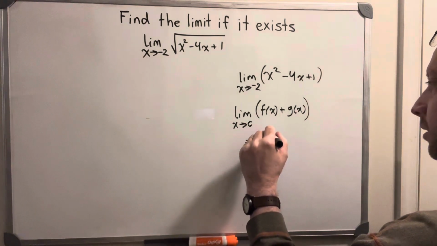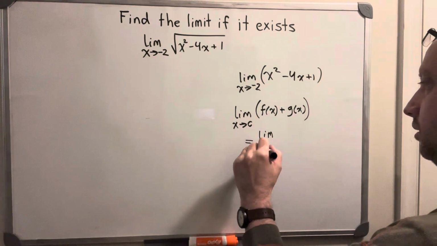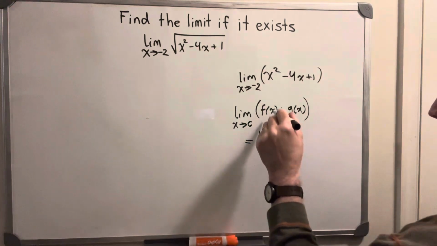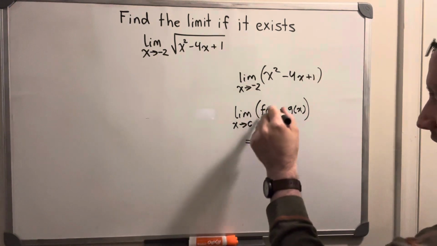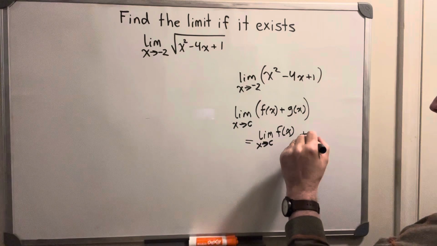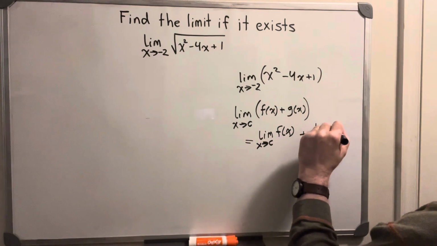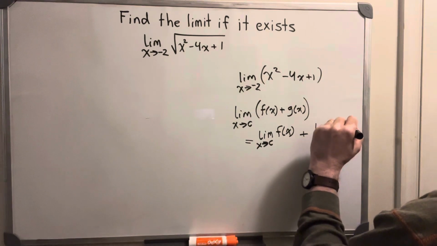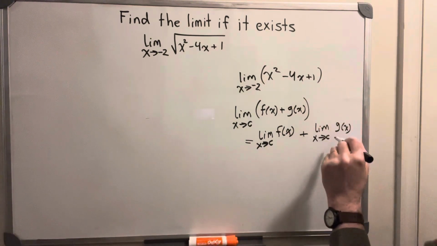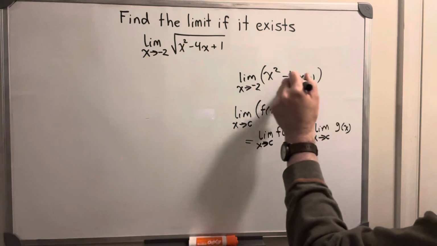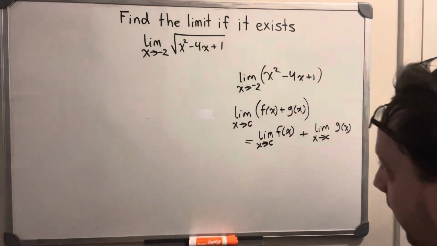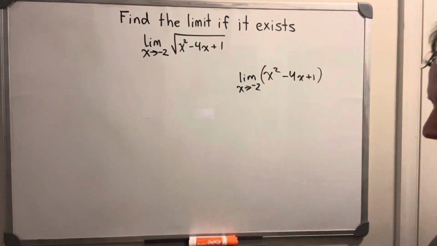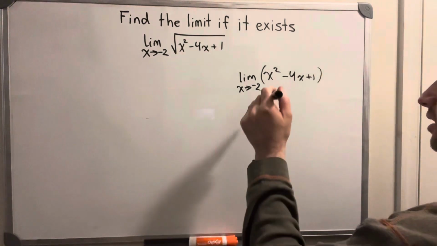We can take the sum of the limits. We can find the limit as x approaches c of f of x. Then we can add it to the limit as x approaches c of g of x.